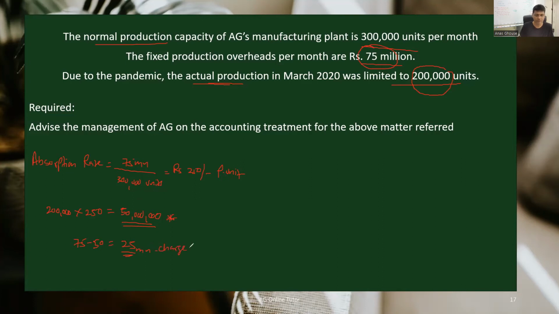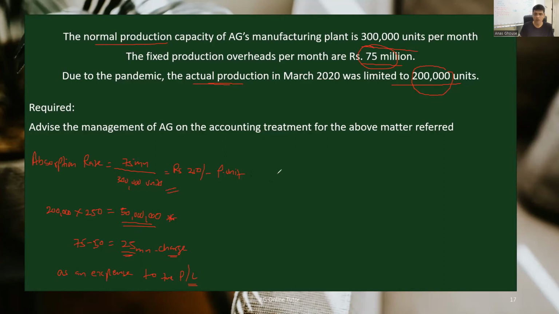The standard says any unallocated overhead costs are recognized as an expense in the period in which they are incurred. Therefore, this 25 million has to be charged as an expense to the profit and loss account. So when there is low production, you can't increase the cost of absorption. It has to be based on the normal capacity.